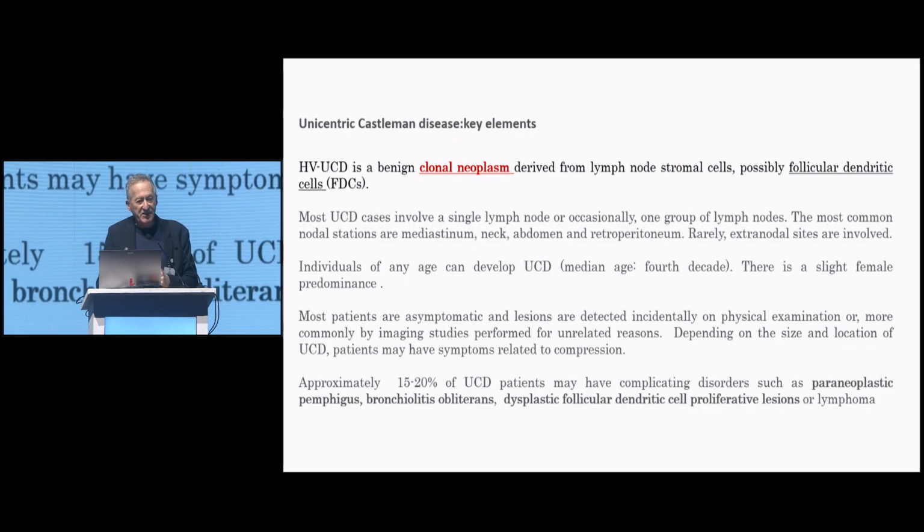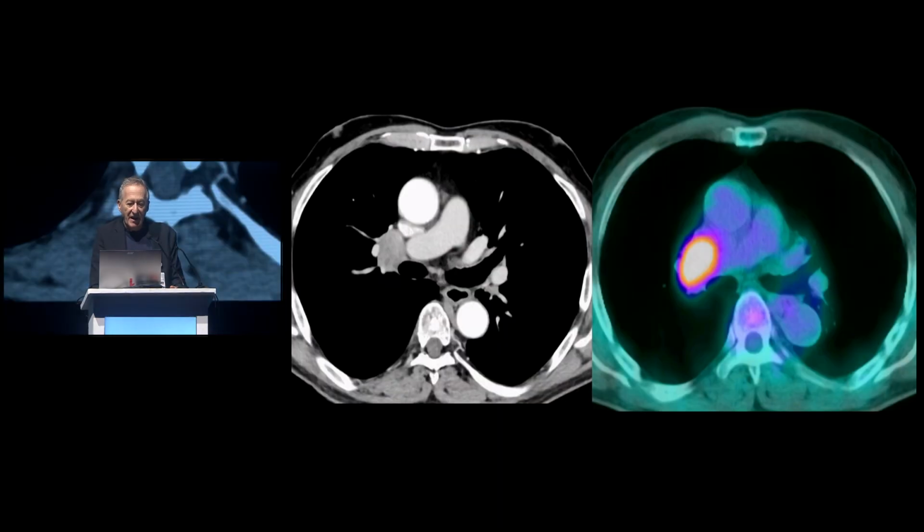Unicentric Castleman disease is nowadays considered a clonal neoplasm. So it's no longer a giant hyperplastic lymph node, and usually it is asymptomatic. This was a patient who had a big lymph node, PET positive.